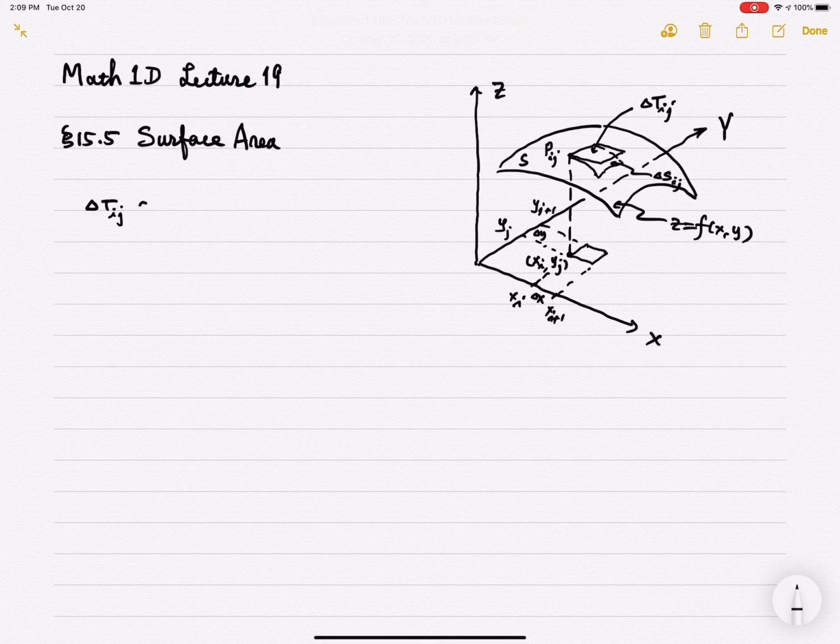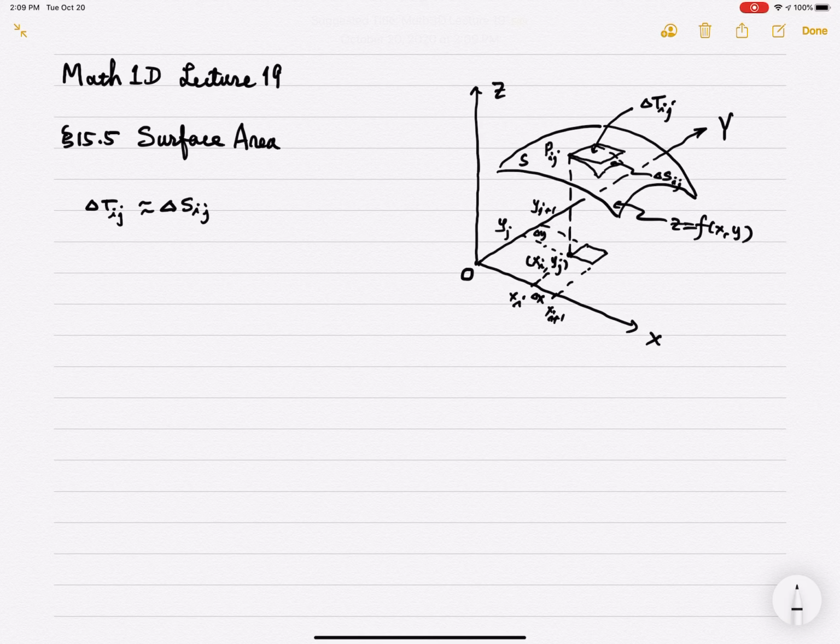Of course, this is approximately equal to delta Sij if the function is smooth, say it has continuous partial derivatives. Of course, when delta x and delta y are small, it's a good approximation.